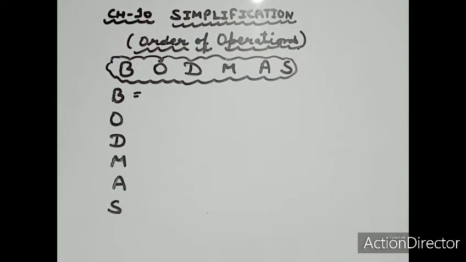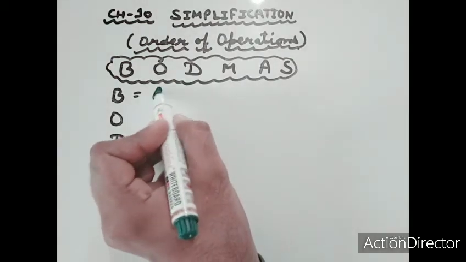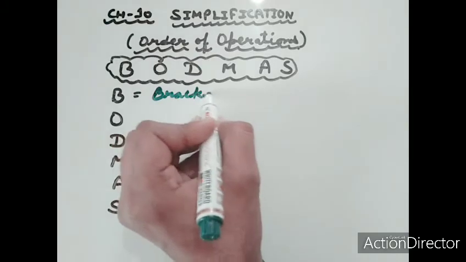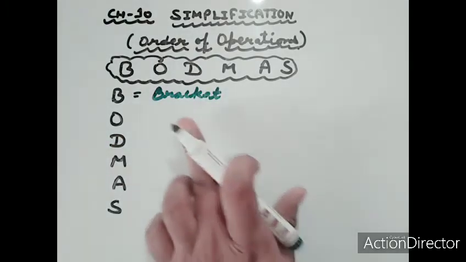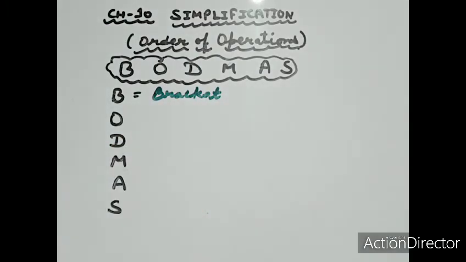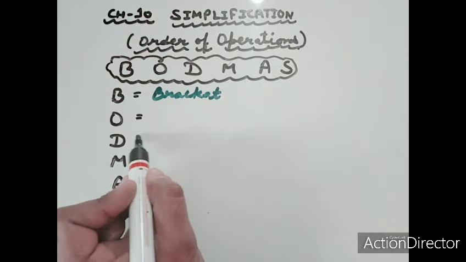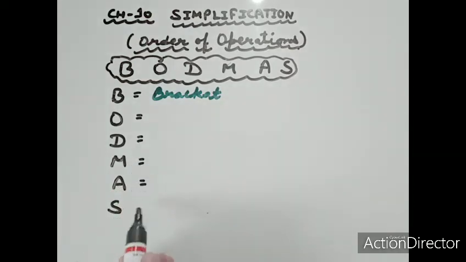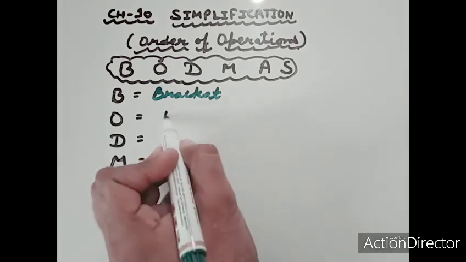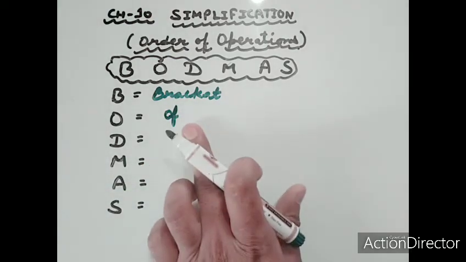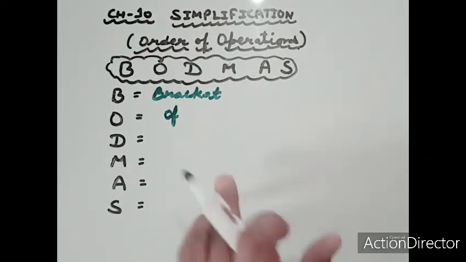B means bracket. If the question has a bracket, first we solve the bracket. Then what is the meaning of O? D, M, A and S. O means off. If the question has off, then first we solve off.